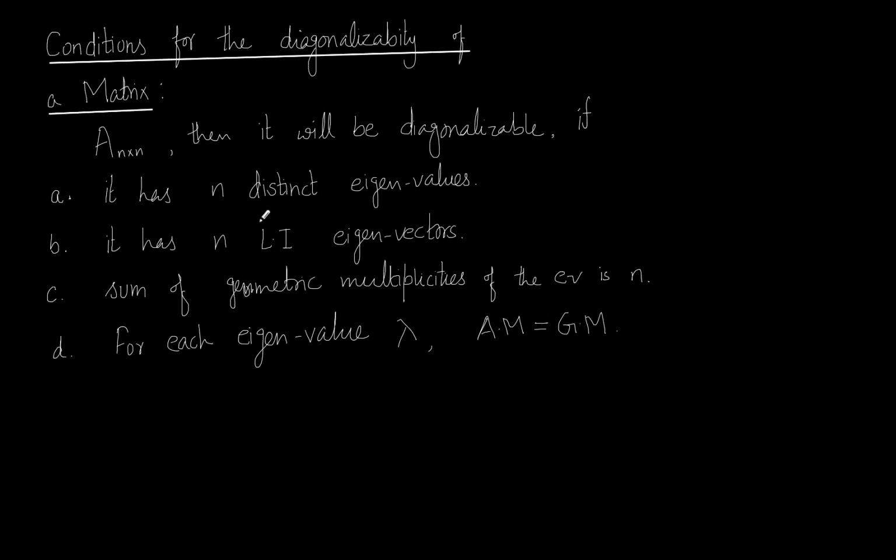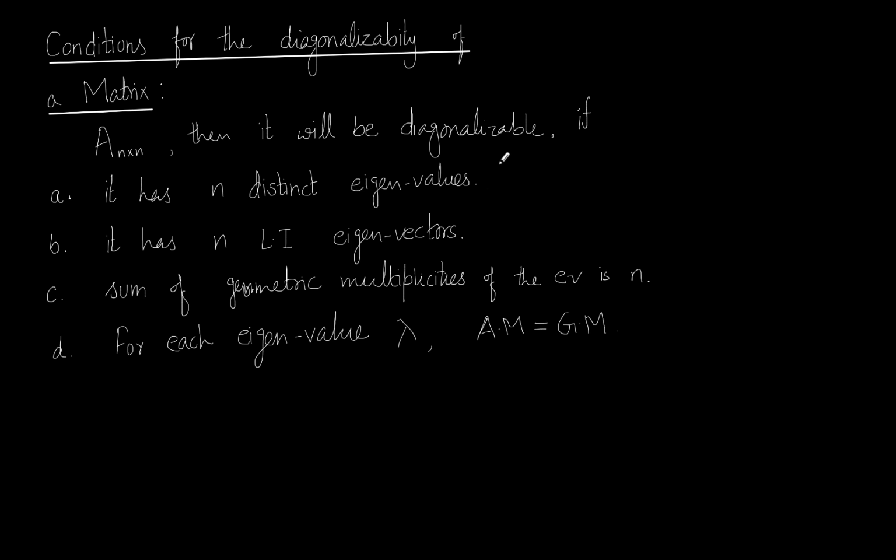If any one of these points is satisfied by a matrix, then we can say that the matrix is diagonalizable, and all these points are equivalent, they imply each other.